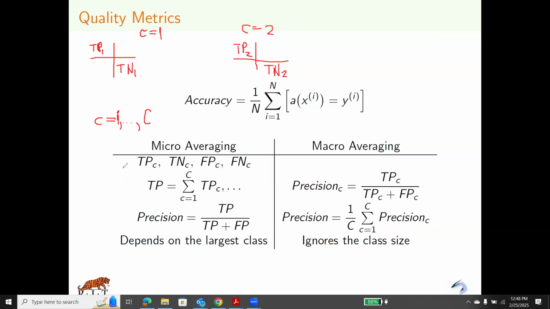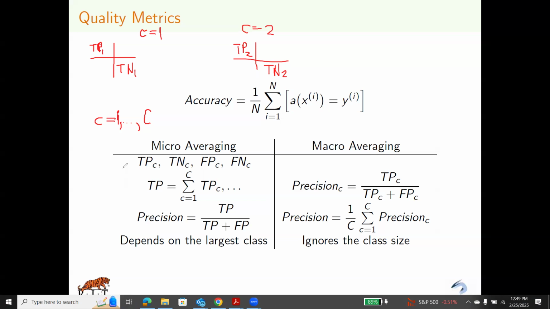That's why we have two formulas. You can sum up all true positive values for all classes and use this aggregated value in the formula for precision. The other option is to calculate precision for every class first, precision for class 1, precision for class 2, and then return the average precision.